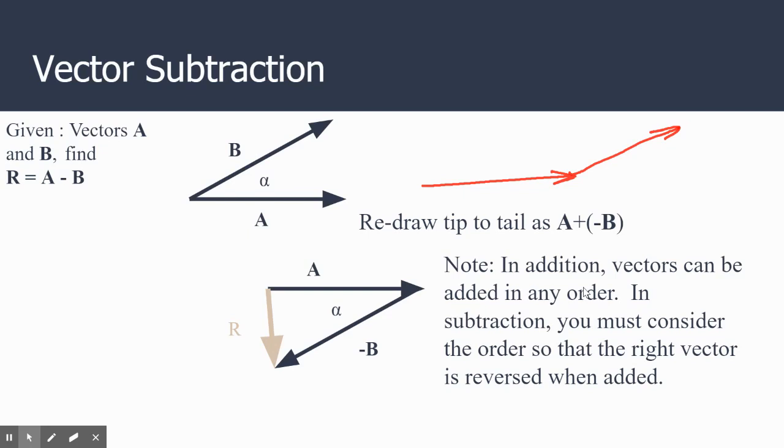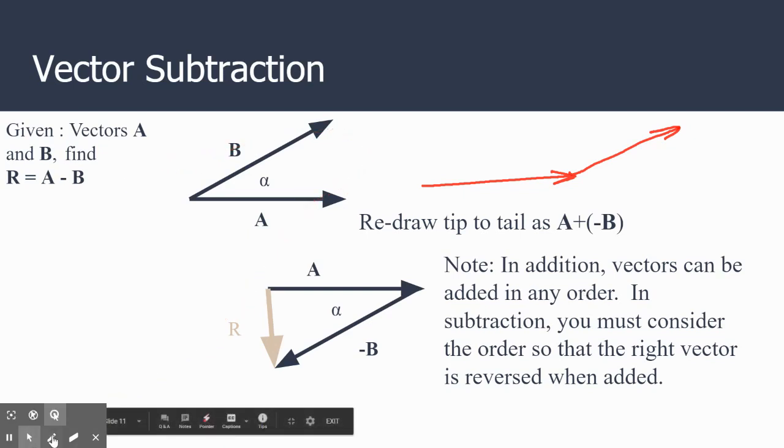And one way to think about it is if you go back through and rework this problem, but then you flip A, you reverse A instead of B, you'll realize that you don't have the same resultant vector. And why is that?